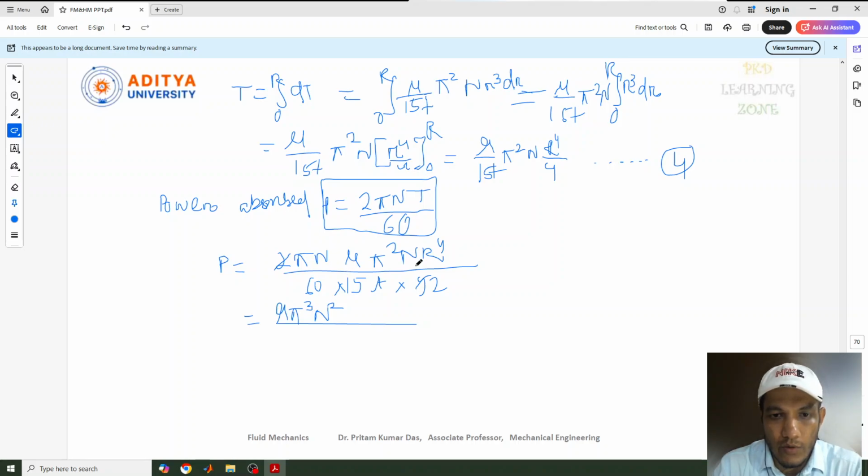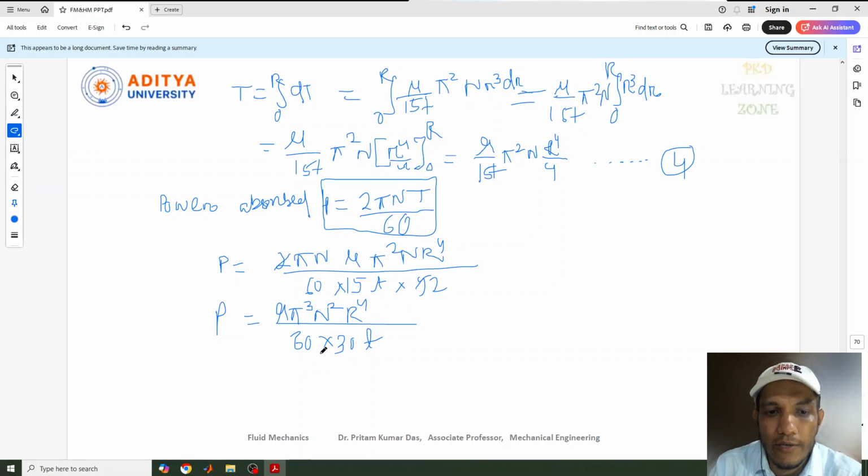So P equals mu pi cube n square r to the power 4 divided by 60 into 30 t. So this is about the power.